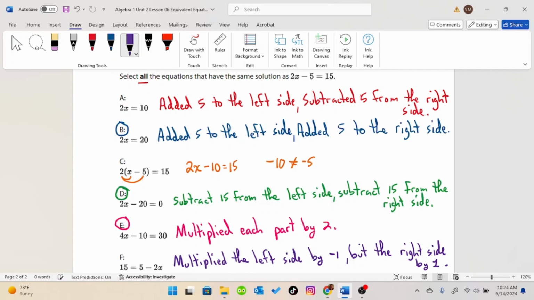So because they did different things to each side, this is not an equivalent equation.